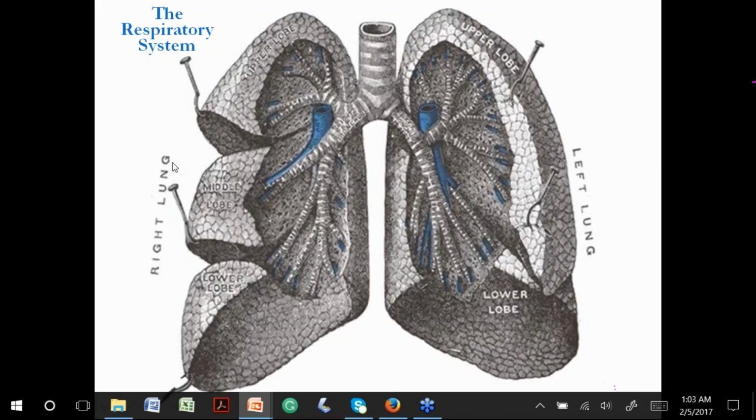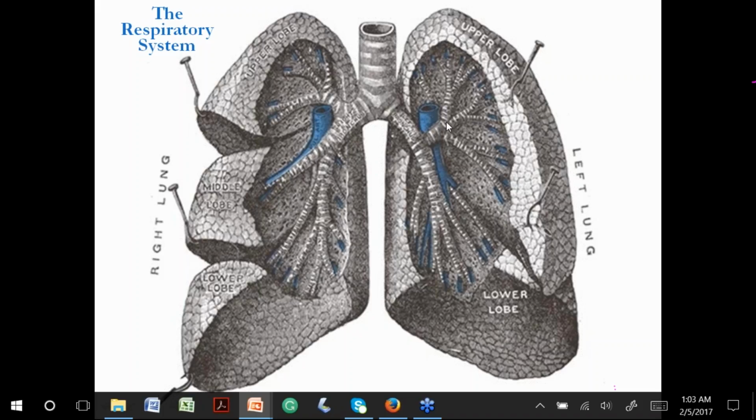Okay, so here we have the lungs. This is the hilum. This is the carina. This is the trachea. Primary bronchi, the secondary, tertiary bronchi, and then they are going to divide 23 to 25 times more. And remember, we have three lobes on the right side: superior, middle, and inferior.